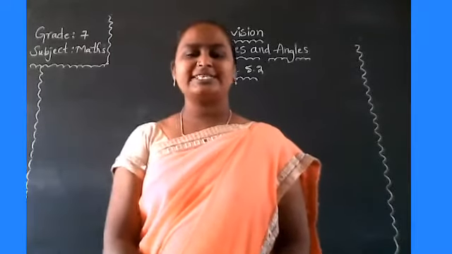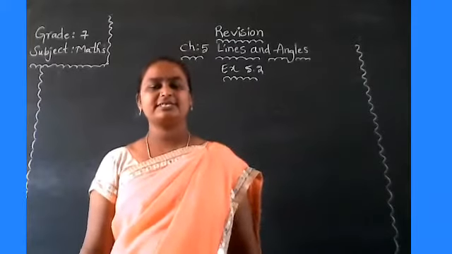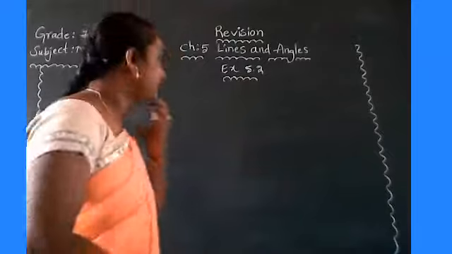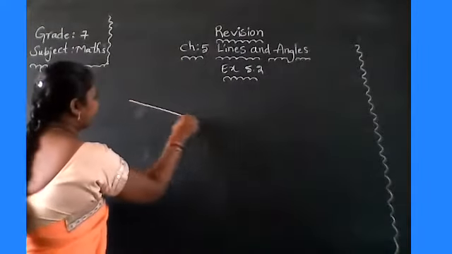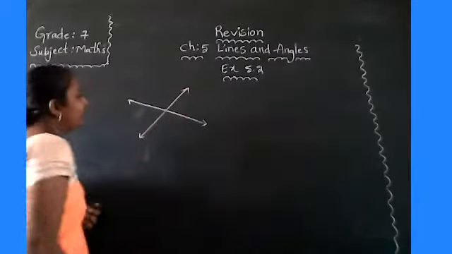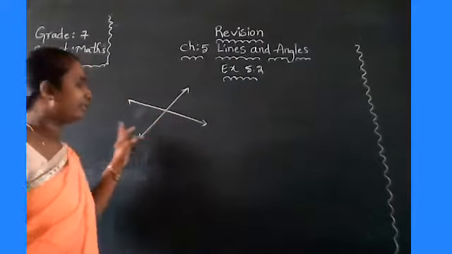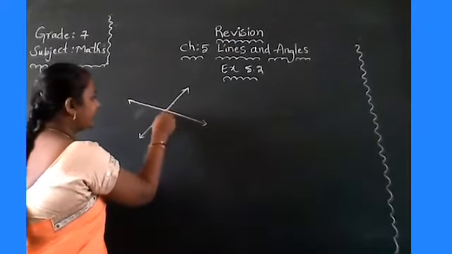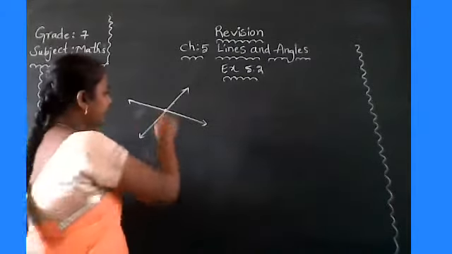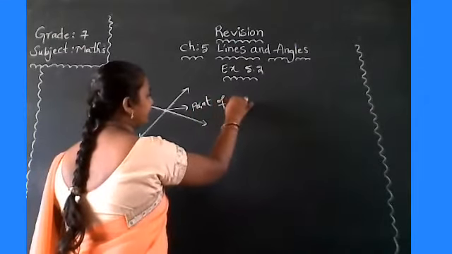Right. Okay children, today I am going to start revision of exercise 5.2. Right children, in yesterday's class we learned intersecting lines. Intersecting lines means two lines that intersect, so the two lines meet at a point. That point is called the point of intersection.